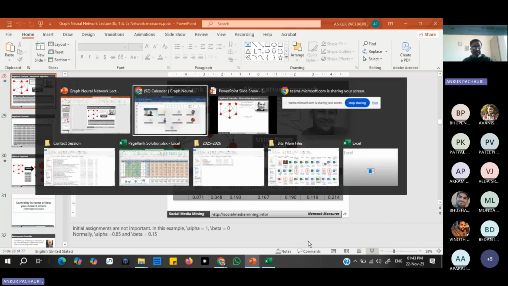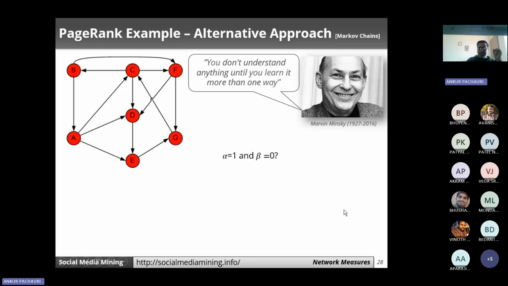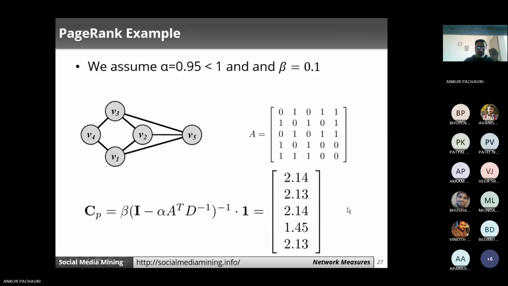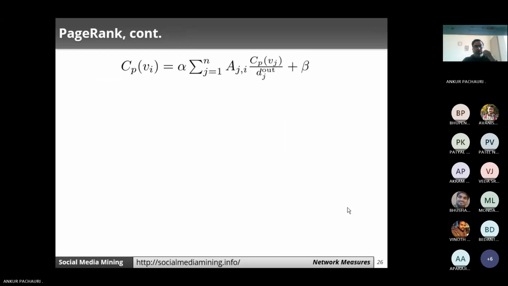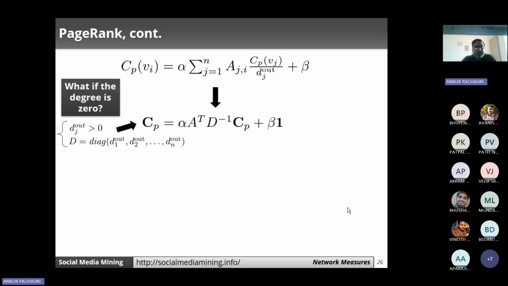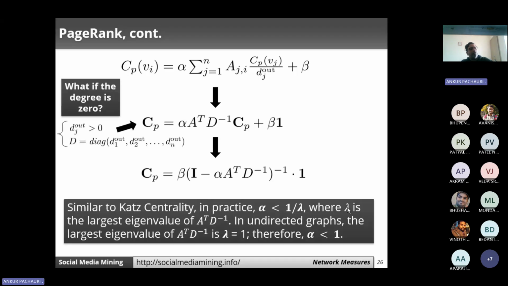So quickly, let's start from where we left off in the previous session. We were covering PageRank. Let me connect all the things that we have studied right from the beginning.